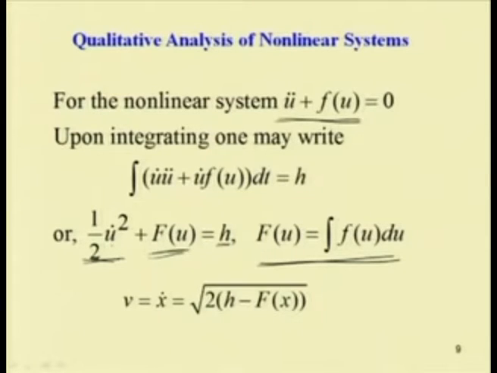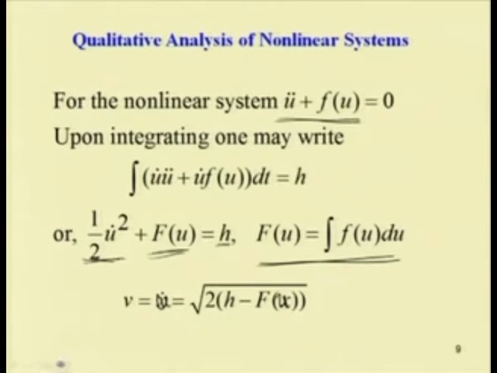So, this velocity term, one can write this velocity v equal to u dot equal to 2 into h minus F u. One can multiply by 2 here, so it will be u dot square plus 2 F u equal to 2 h, or u dot square will be equal to 2 into h minus F u, and then v equal to u dot will be the square root of this.